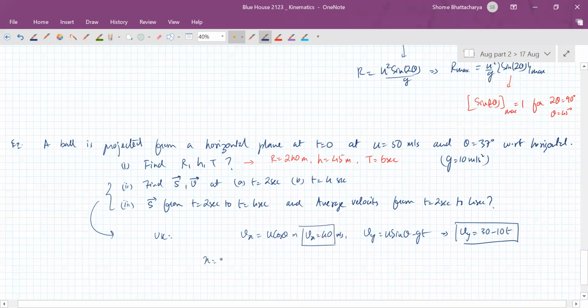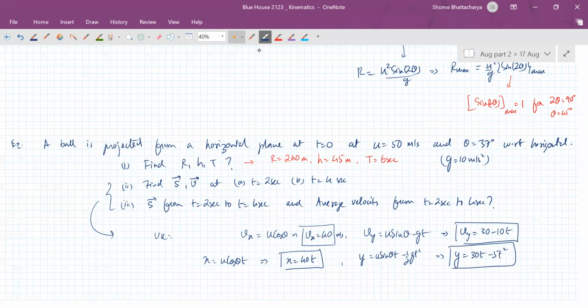And x is u cos theta t, so x as a function of time is 40t. And y is u sin theta t minus half gt square. On substitution, the y coordinate as a function of time should be like this. So make use of these equations for working out the second part.